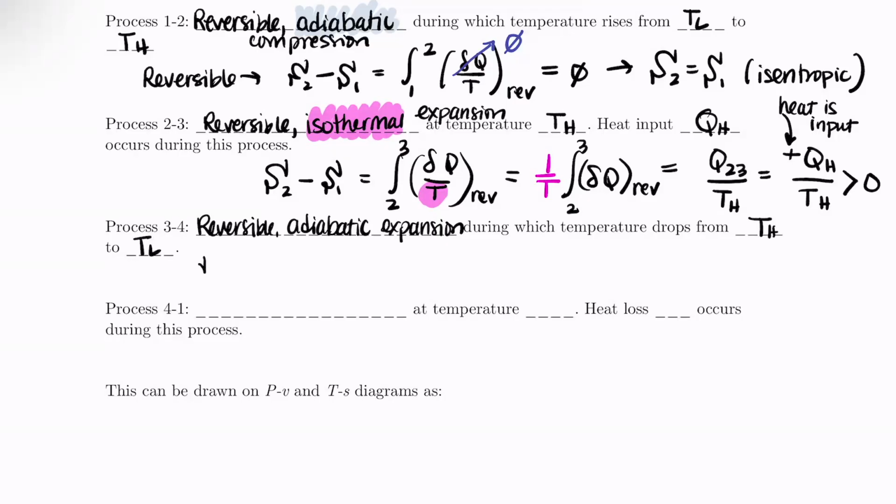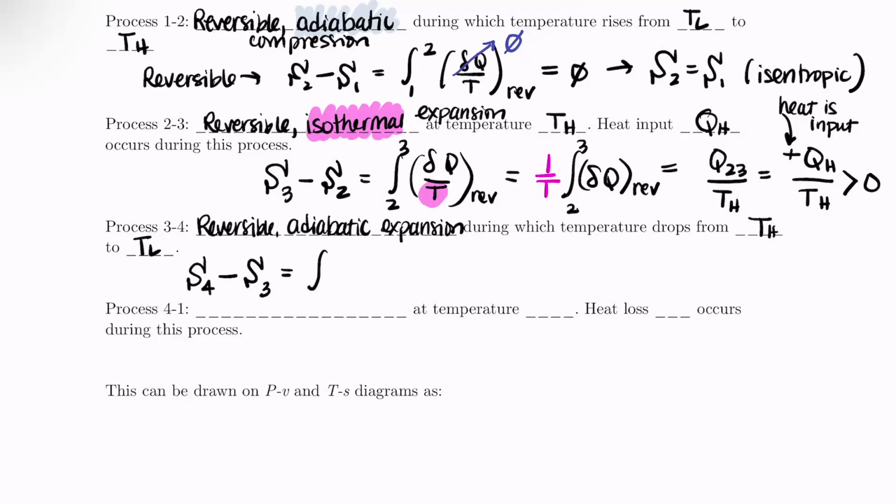Again, we start off with our reversible difference in entropy equation. These are not the right states, so we are going from 3 to 4. And I did it wrong over here, sorry. So this should be S3 minus S2, and then this is S4 minus S3. Sorry about that.